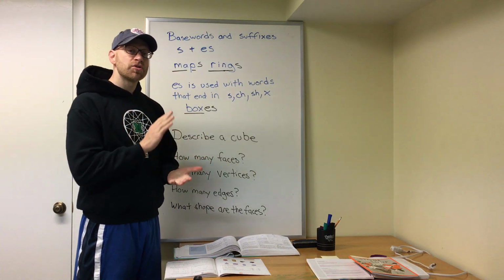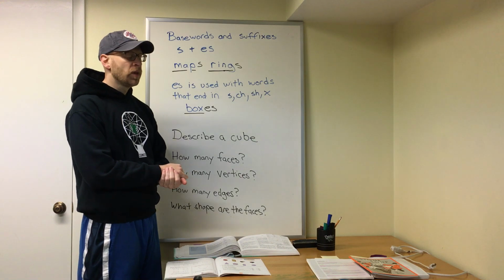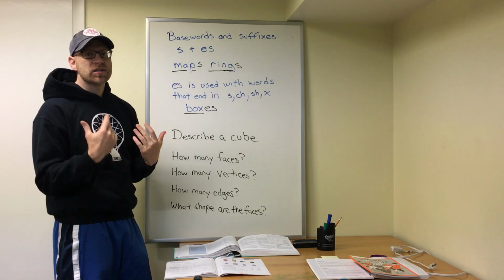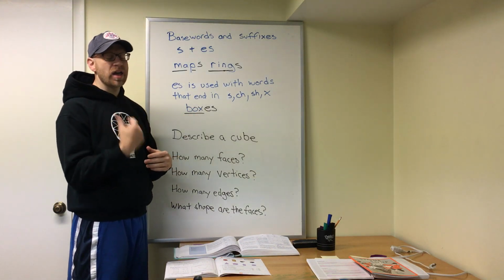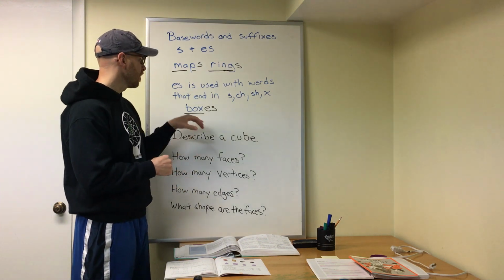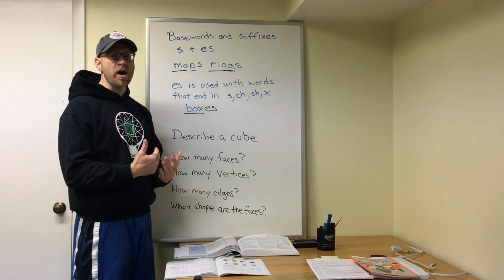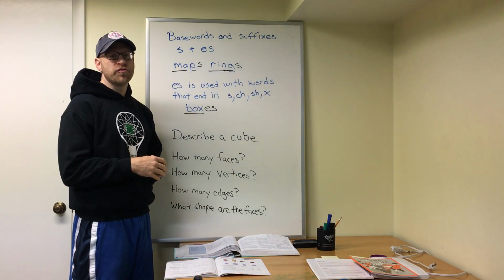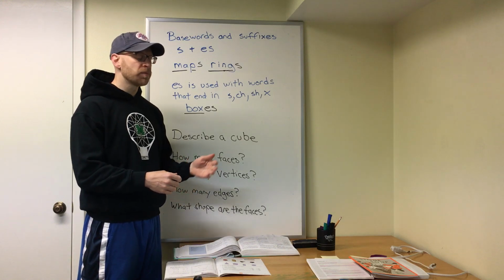Now, sometimes there are some words where S won't work. Sometimes we need to add ES, and that exception comes when we're dealing with a word that ends in an S, a CH, an SH, or an X. So for example, if you have the root word box, so you have one box, but then you get a few more from Amazon, now you have boxes.